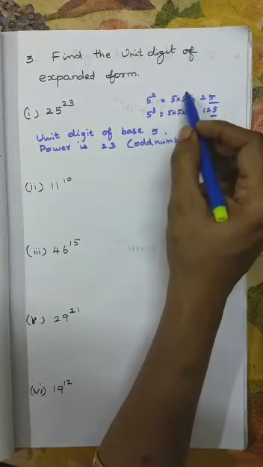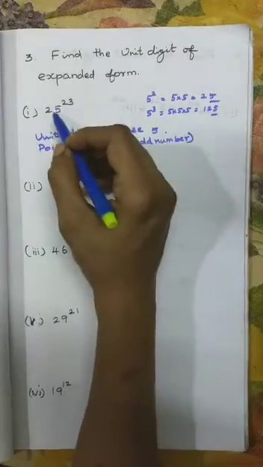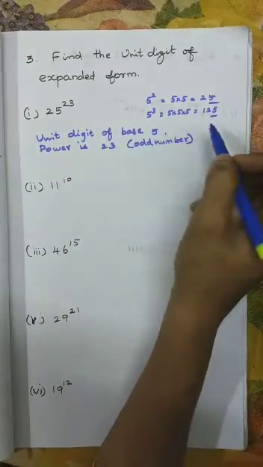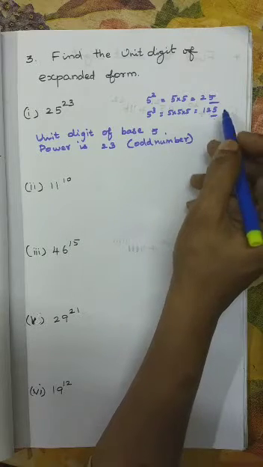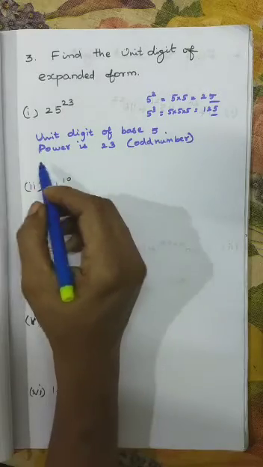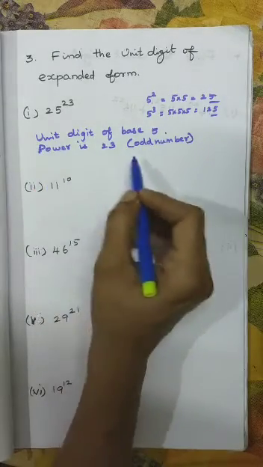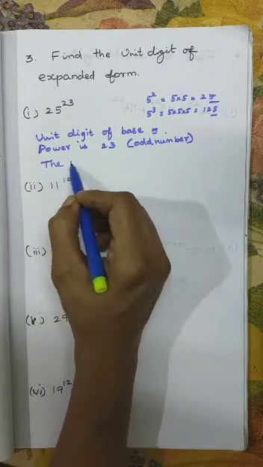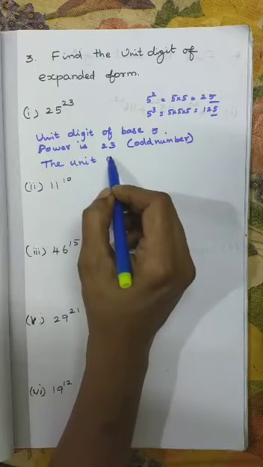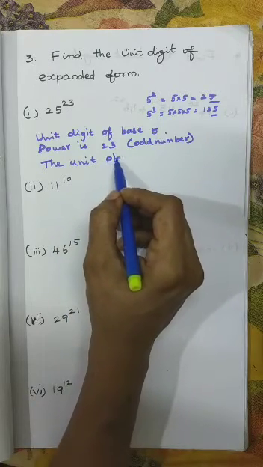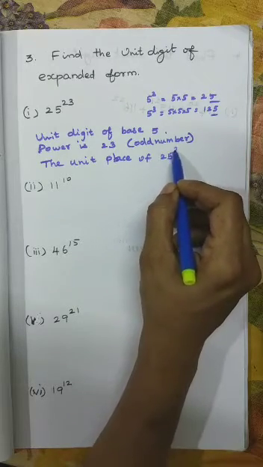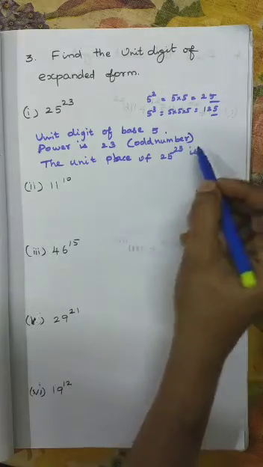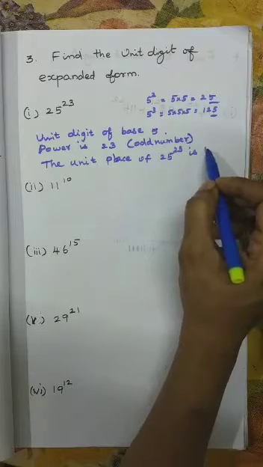If the units place is 5, for odd number and even number, the units place is 5 only, isn't it? So the units place of 25 power 23 is 5.